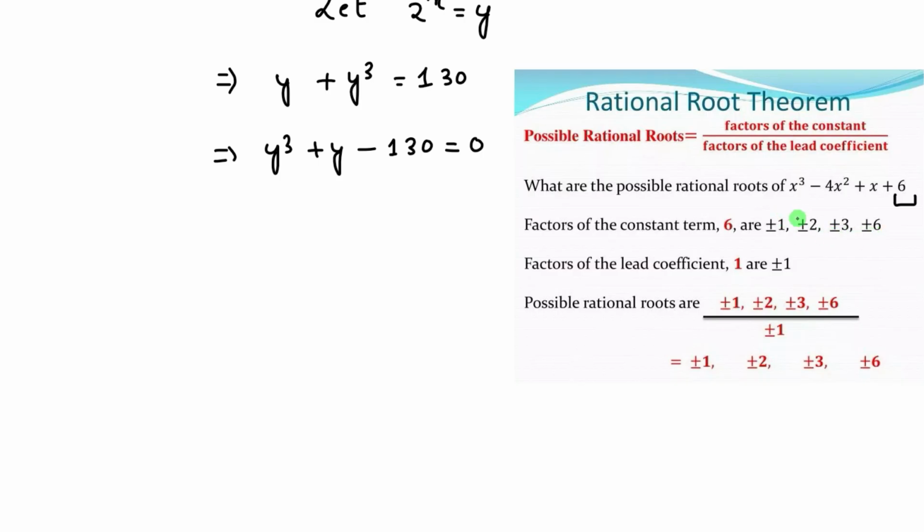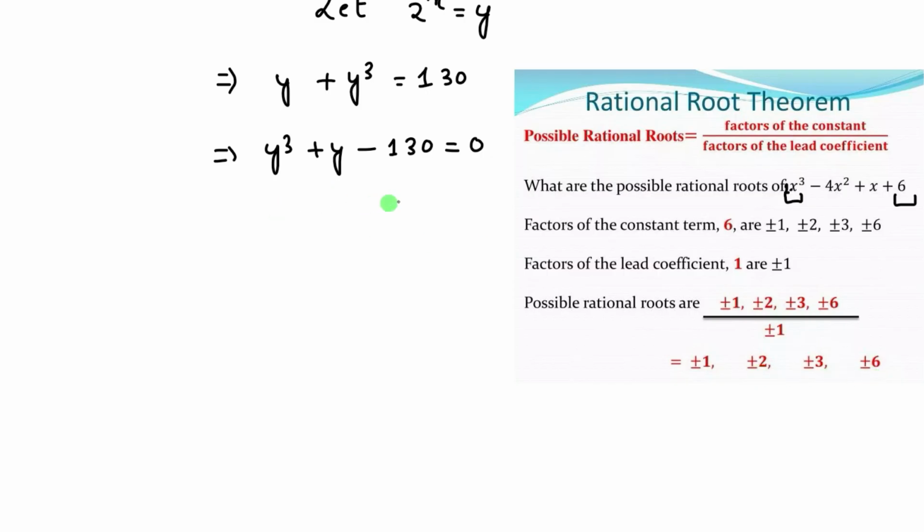The leading coefficient is 1, so its factors are plus or minus 1. So the possible rational roots are plus or minus 1, 2, 3 and 6.